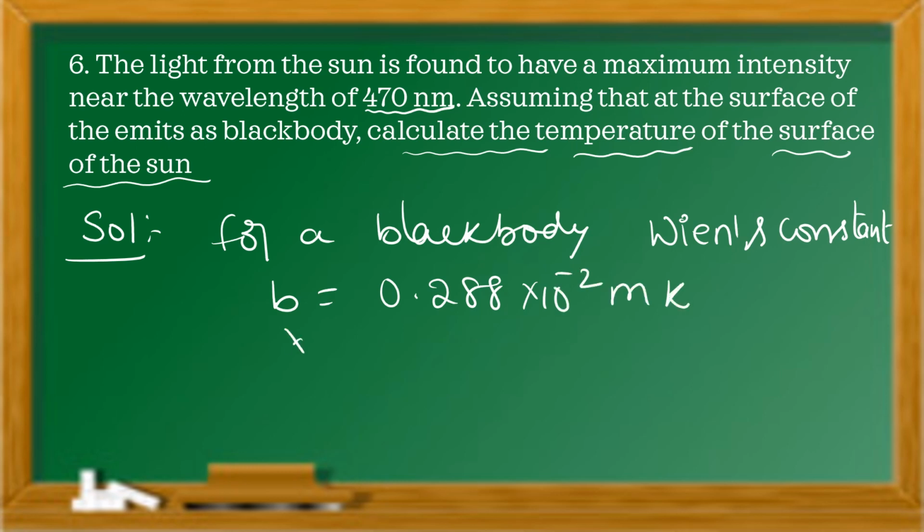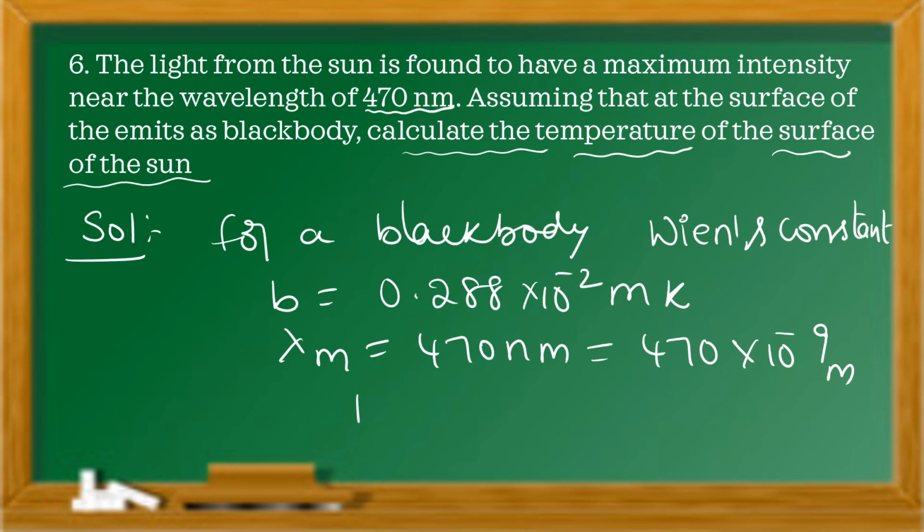Okay. Next, lambda m is equal to 470 nanometers. Next, converting into meters, 470 × 10 to the power of minus 9 meters. Next, we have to calculate the temperature, T.